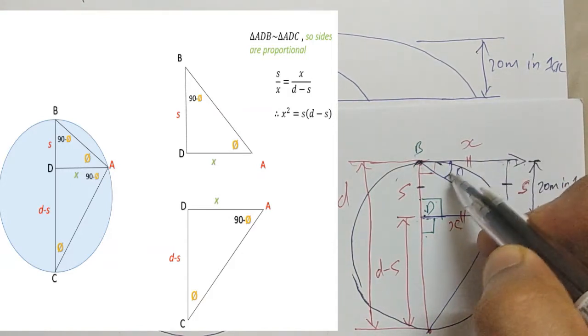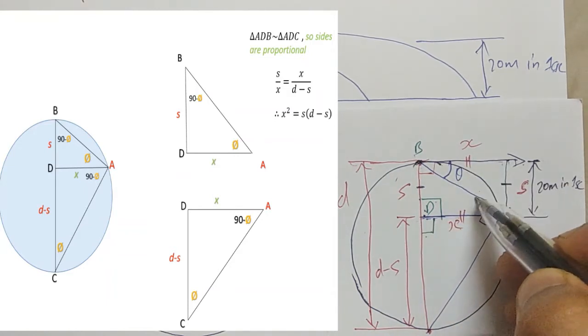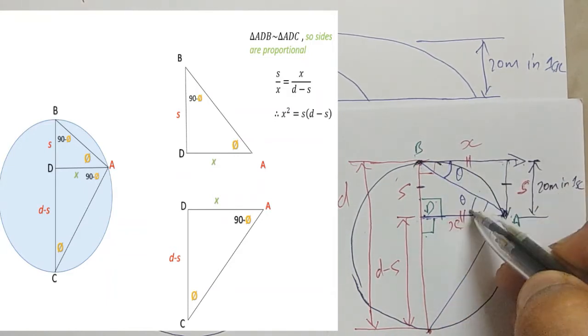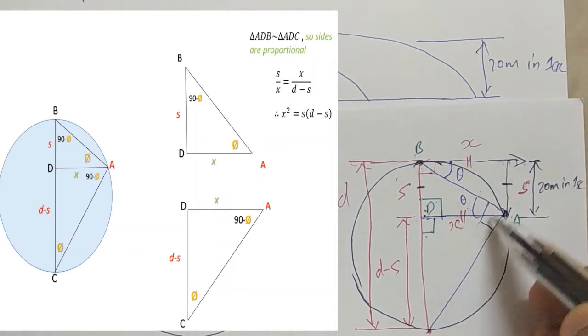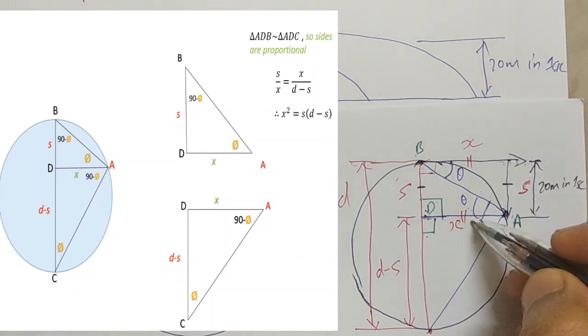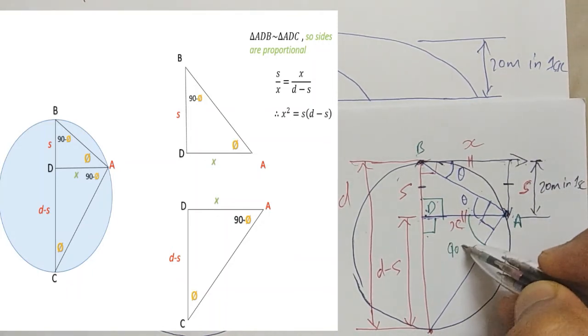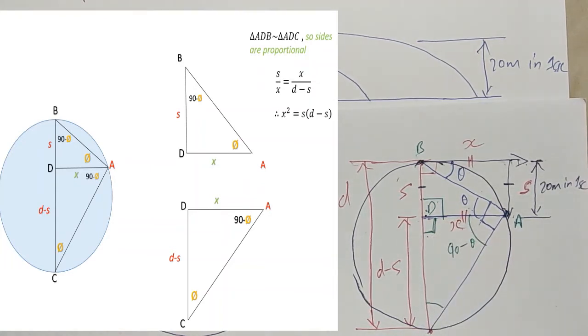Then since this is a parallel line, this angle is alternate to this angle, so this becomes theta, and this whole angle is 90 degrees, so this angle becomes 90 minus theta, and since this is 90 degrees, this becomes theta.